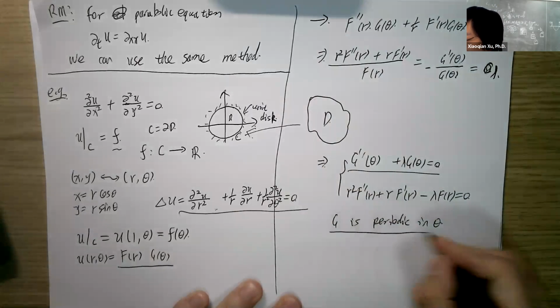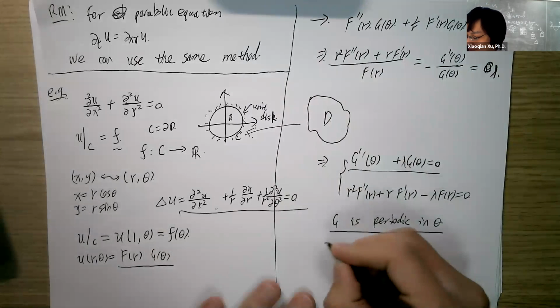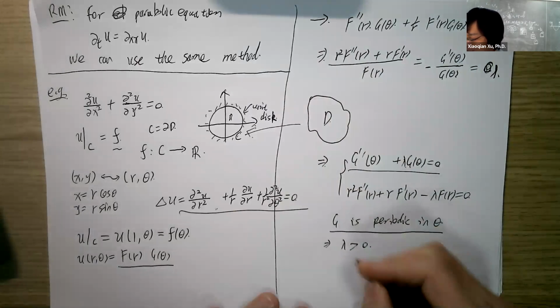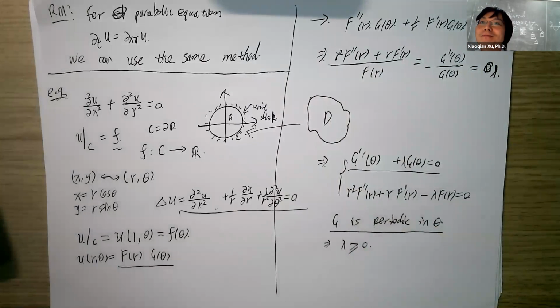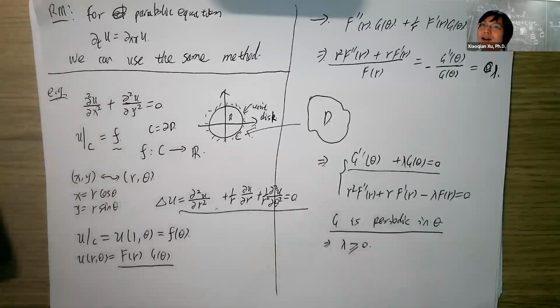So g is periodic in theta, which means your lambda must be a positive number, or maybe a non-negative number. If it is 0, then g theta is actually a constant.